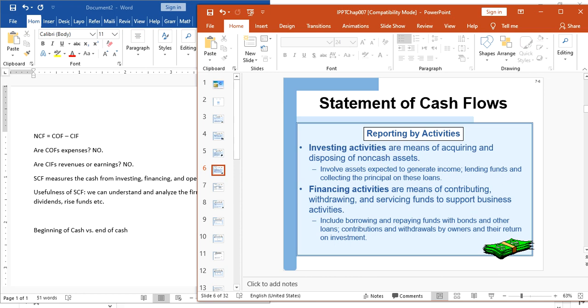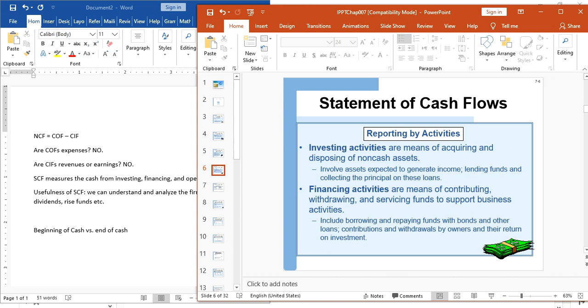The same applies to financing activities as well. So borrowing, debts, issuing bonds, withdrawals, paying back the debts to the creditors, loans, and whatever.